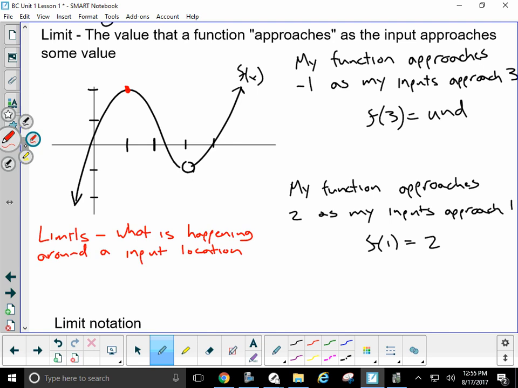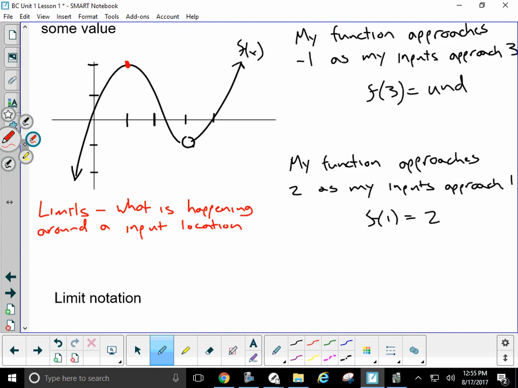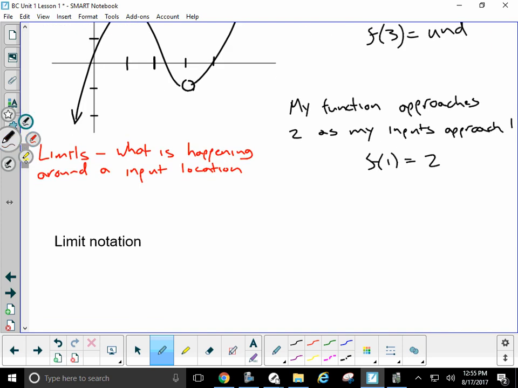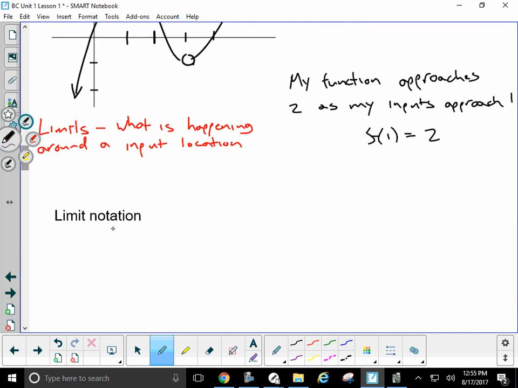Okay, and we have notation for this concept of limits. It goes as the following, just a random example. We'll use a lowercase lim, and then x arrow to some value. I'll denote some value as a c.